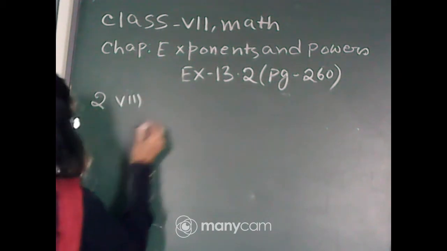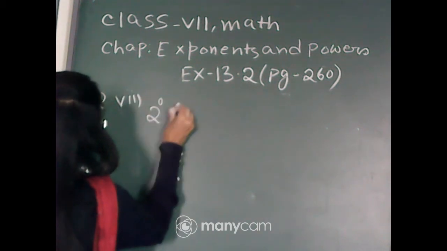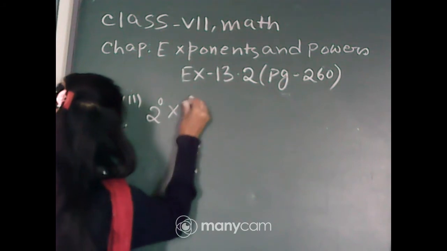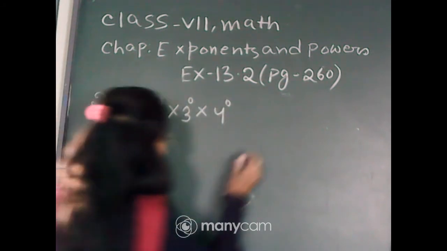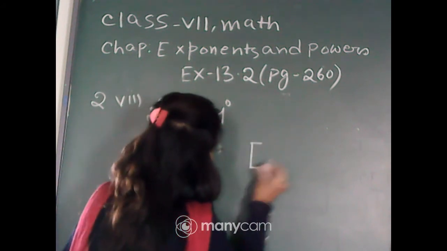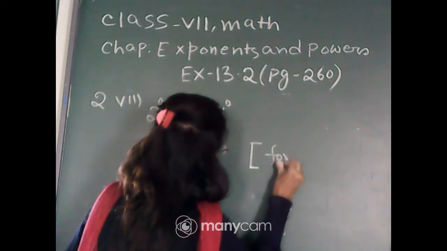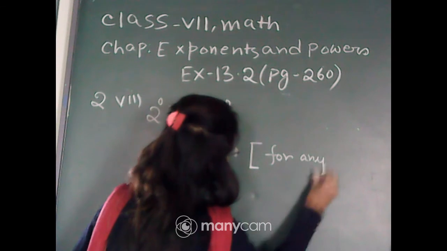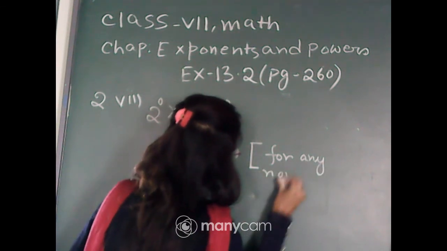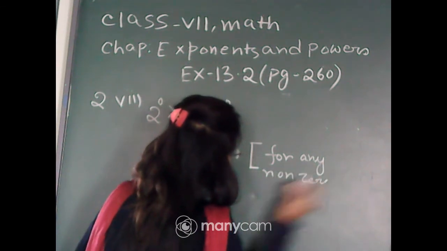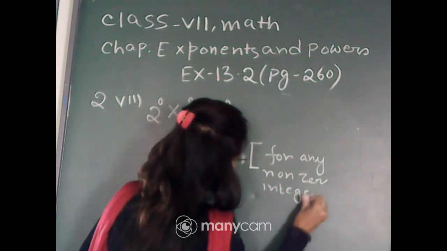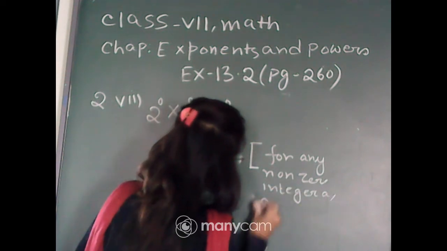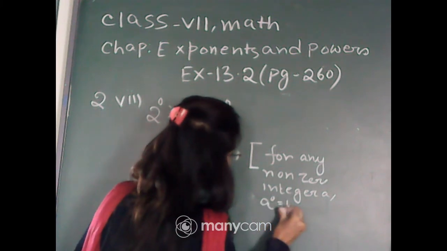Here the given math is 2 to the power 0 into 3 to the power 0 into 4 to the power 0. We know that for any non-zero integer a, a to the power 0 is equal to 1.